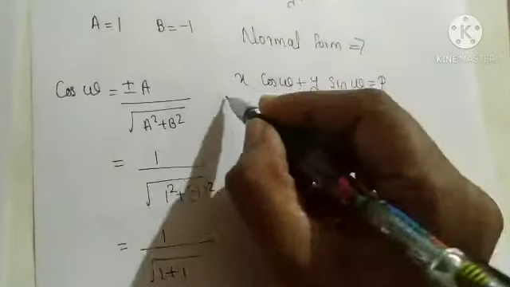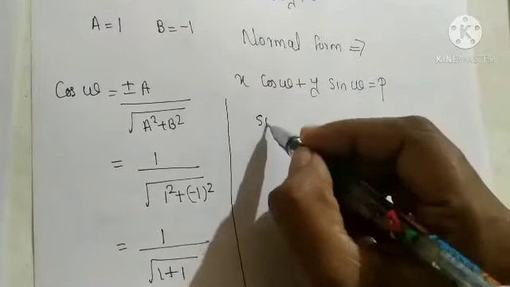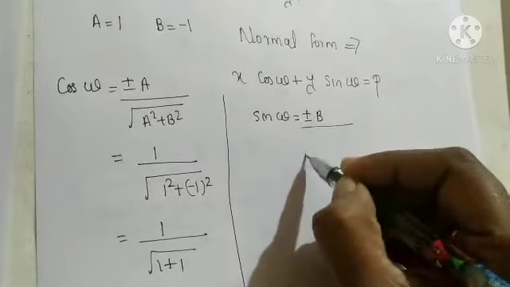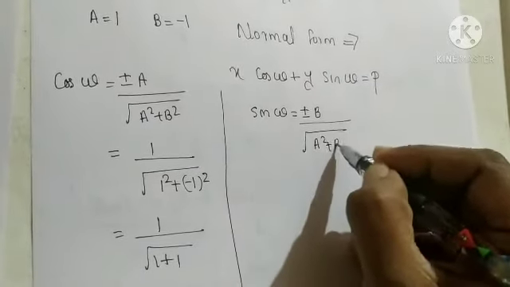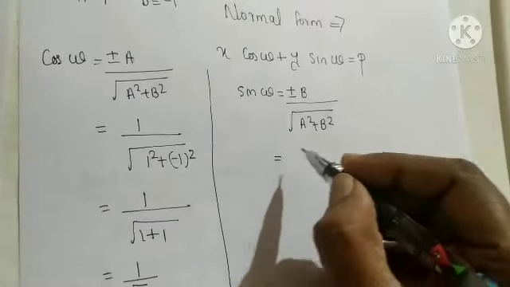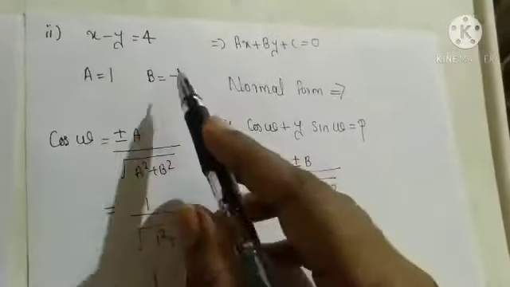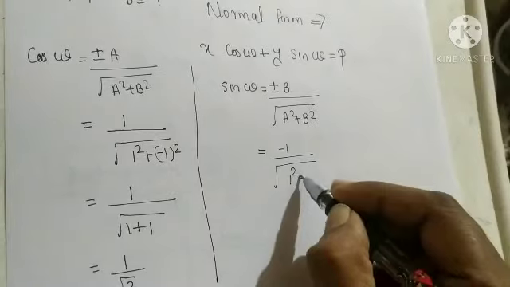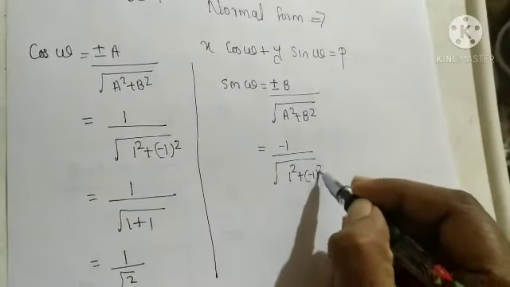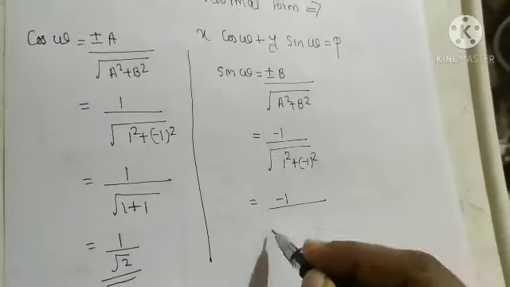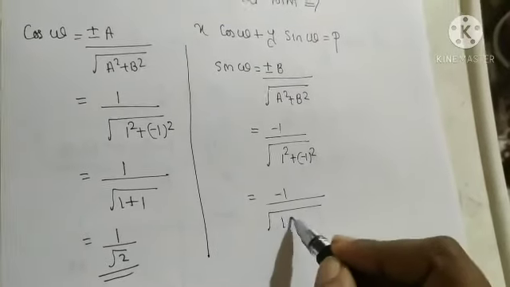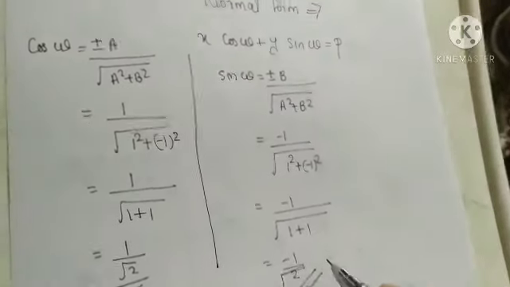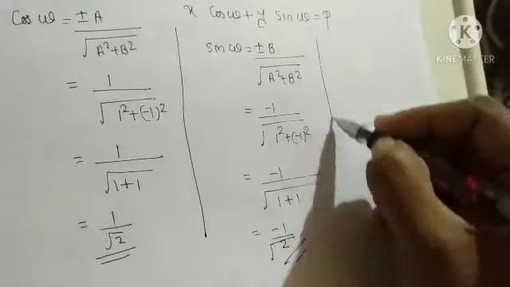Next, we need to calculate sin omega, and it will be equal to plus or minus b divided by root of a square plus b square. Substituting the value of b, that is minus 1, divided by root of 1 square plus minus 1 all square, that is minus 1 divided by root of 1 plus 1, equal to minus 1 by root 2 is the value of sin omega.